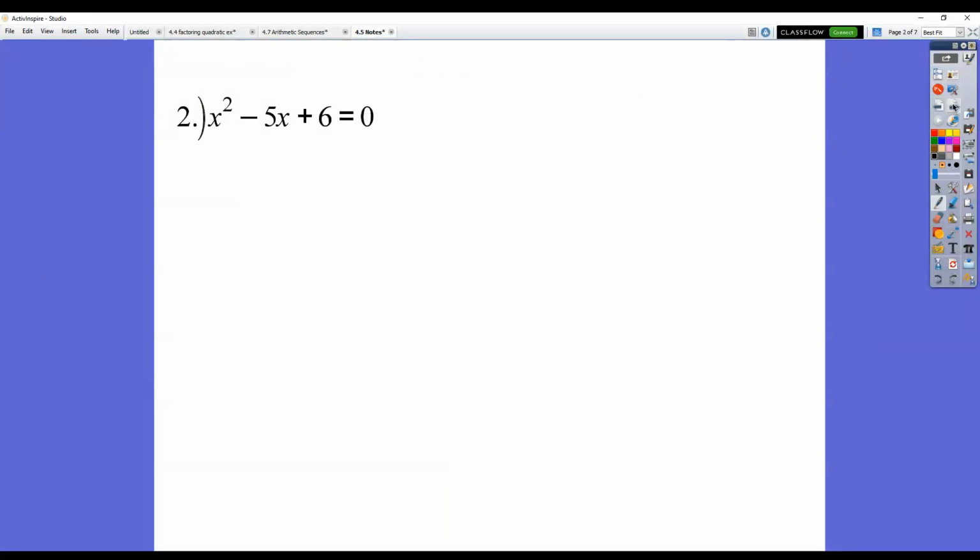Let's look at another one. Luckily, this equation, it's set equal to 0, so I don't have to rearrange it. I just got to factor it. So one multiplies to 6 and adds to -5. -2 and -3.